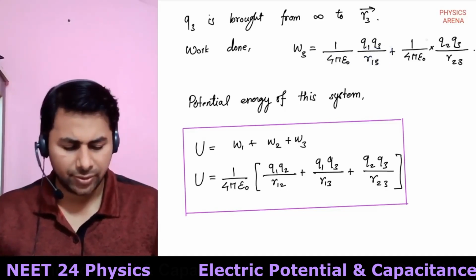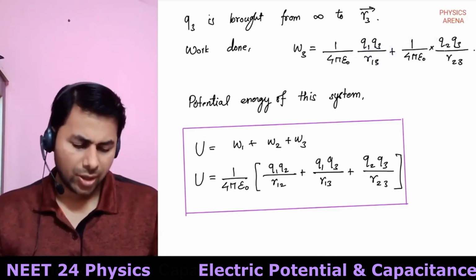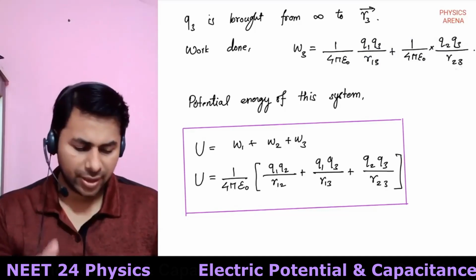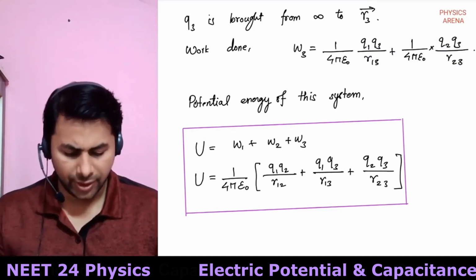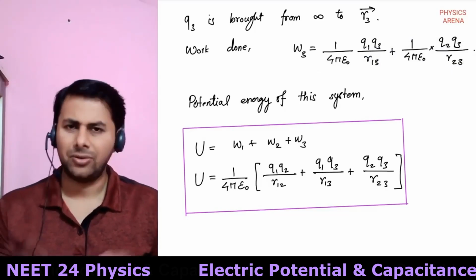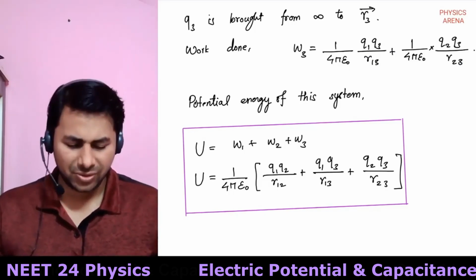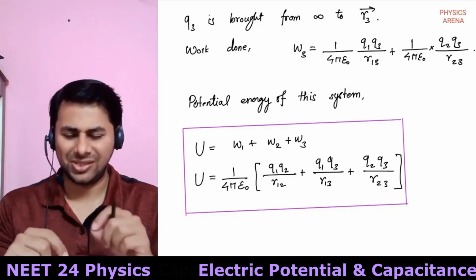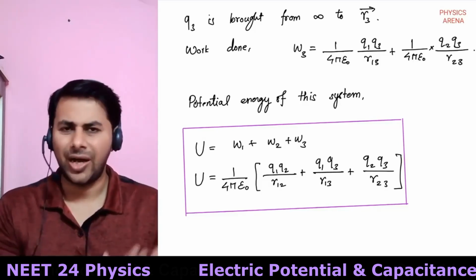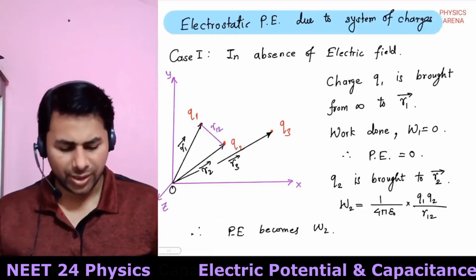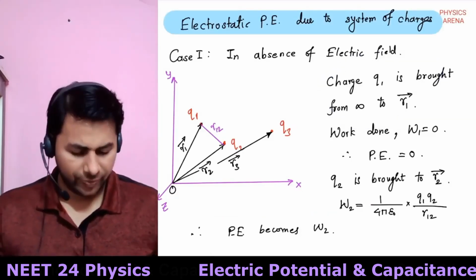And the work done against q2 will be 1 upon 4 pi epsilon naught q2 times q3 upon r23. In this way you can find out the potential energy of the system. So how much would be the potential energy of this system of three charges? You add the total work done. Work done in bringing q1 is 0.